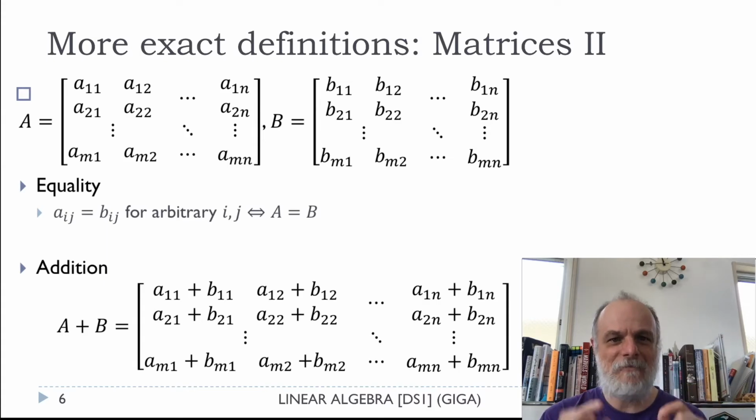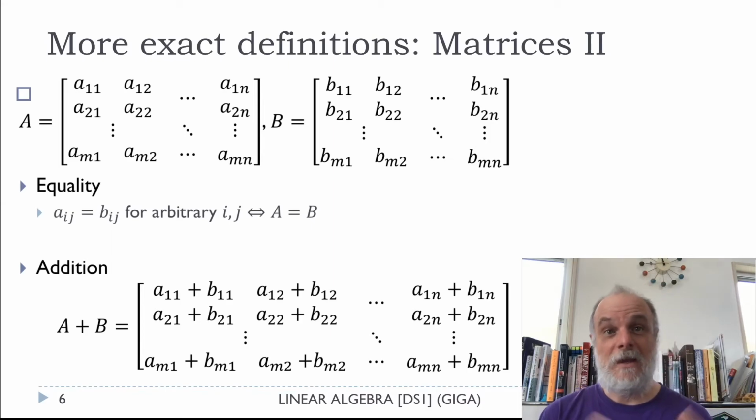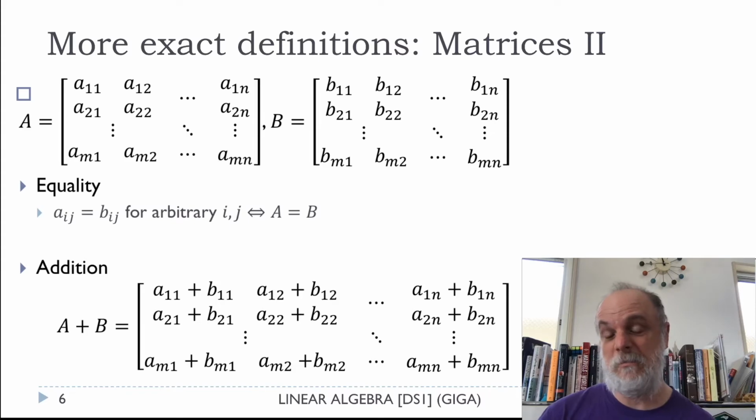So every single entry in the matrices has to be equal in order for 2 matrices to be equal. Again, this means they also have to be the same size. So if I give you 2 matrices and ask if they are equal, and the 2 that I give you aren't the same size, tell me, can't do that.